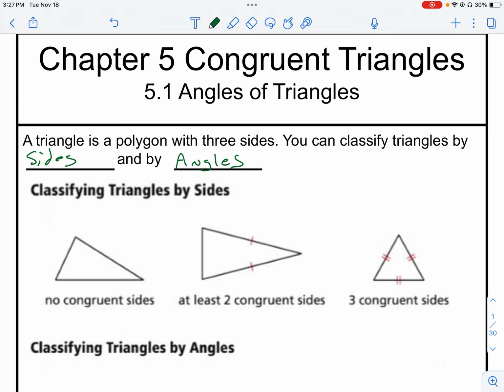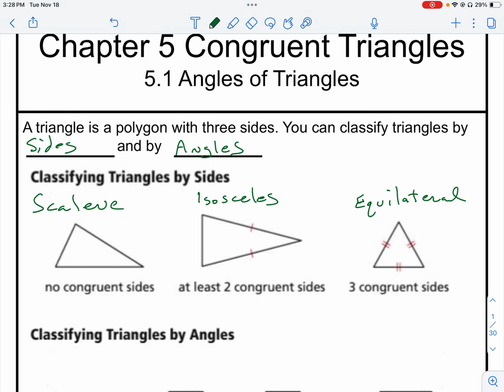With no congruent sides, it's called scalene. If we have two congruent sides, it's isosceles, and with three, it is equilateral. So that's when we classify by the sides.